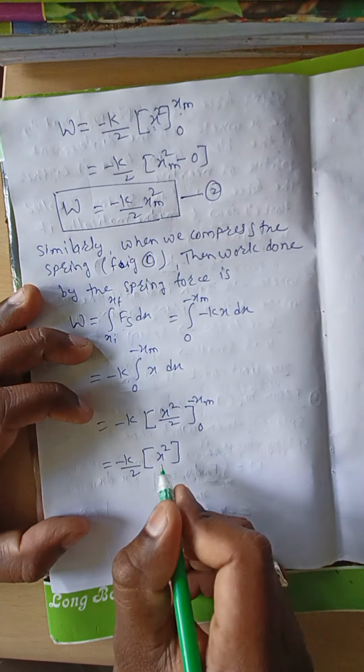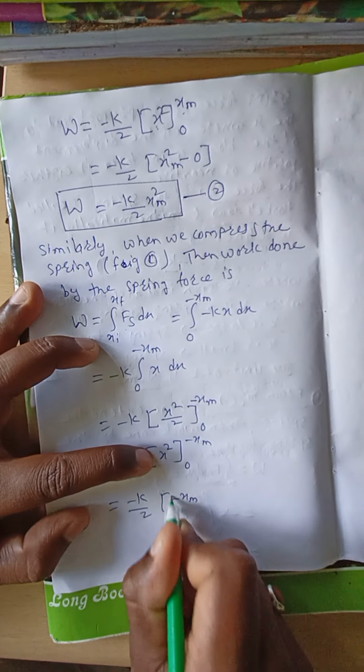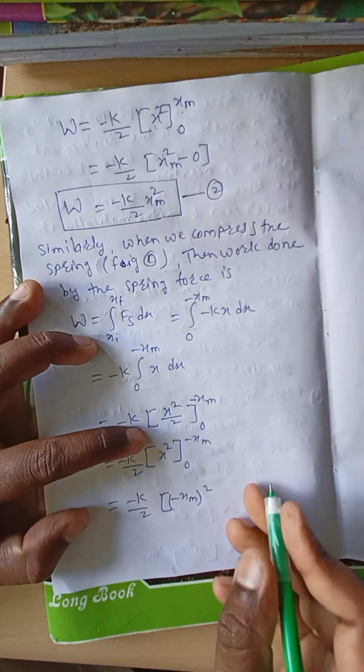In place of x we put minus xm, the whole squared, minus the value at the initial position, 0. Therefore this is also equal to minus k xm squared divided by 2.